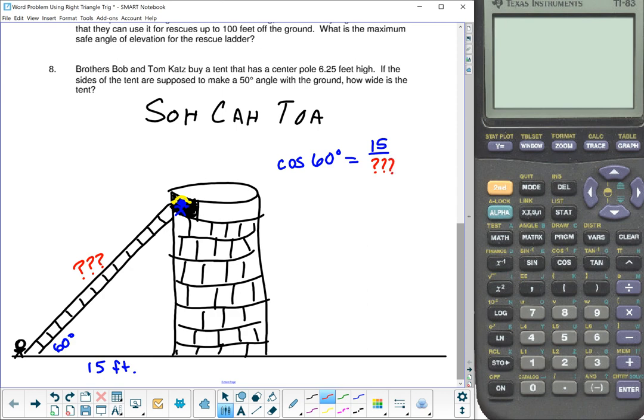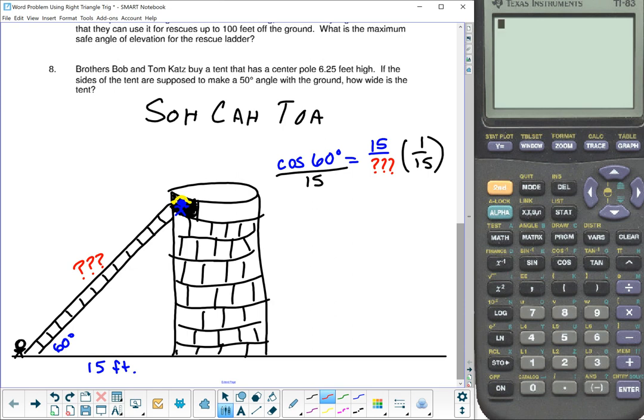Okay, I'm going to do what we sort of did in class. I'm going to multiply both sides by 1/15 to get rid of that 15 from the top. By 1/15, I am basically dividing by 15.